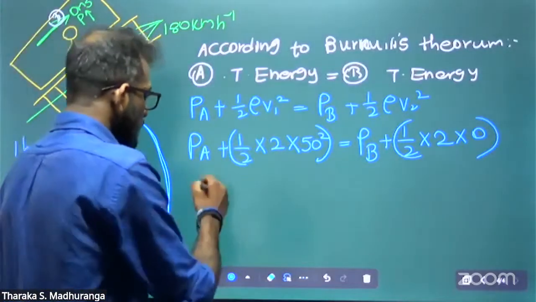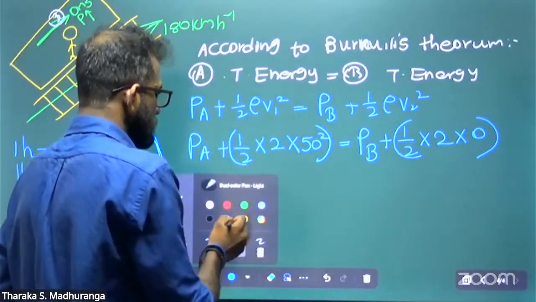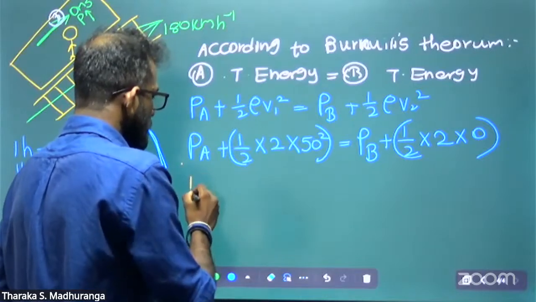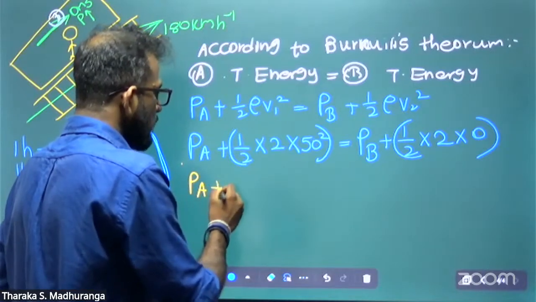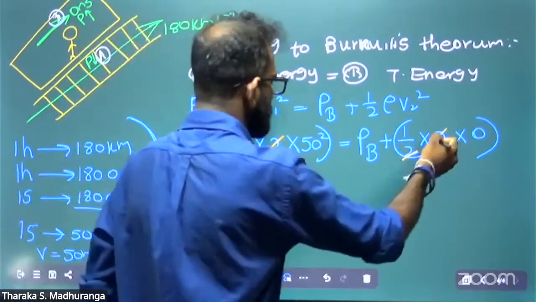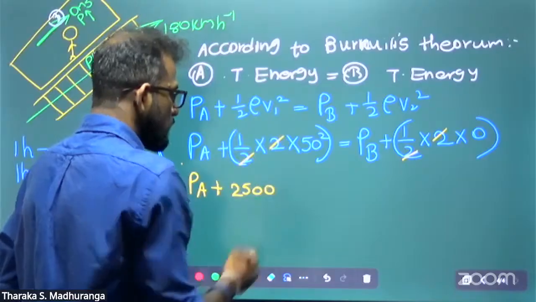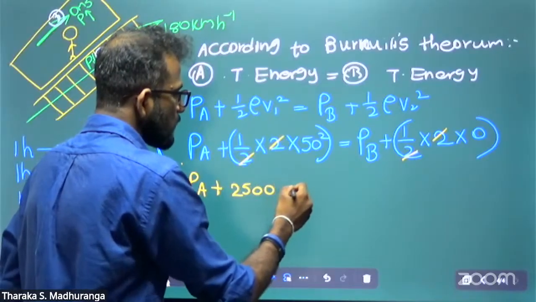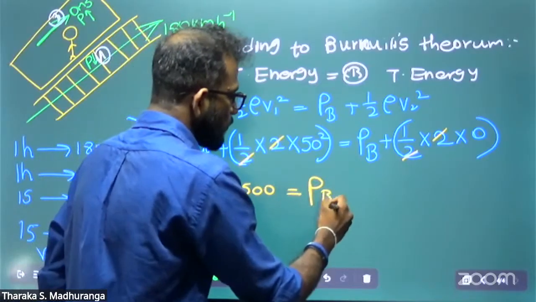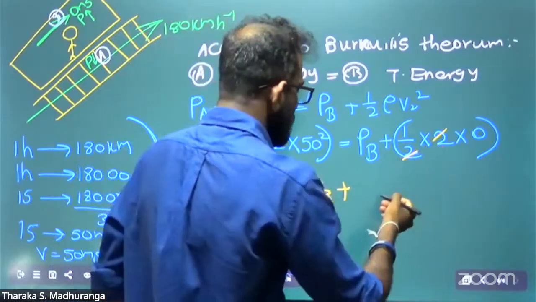Now PA, we still don't know. The 2 and 2 cancel out. 50 squared is 2500, equals PB, still we don't know, plus 0.